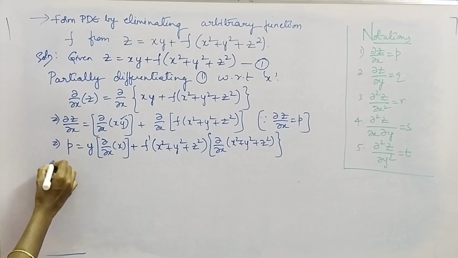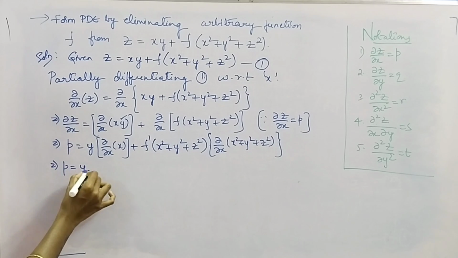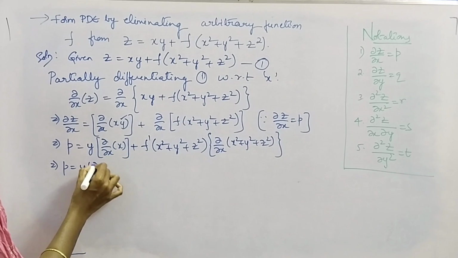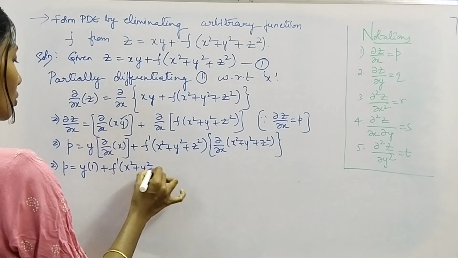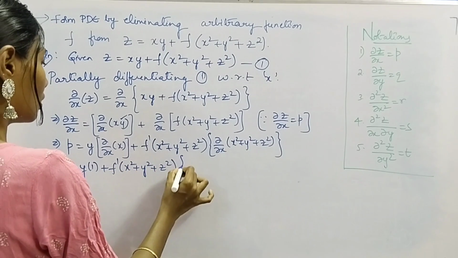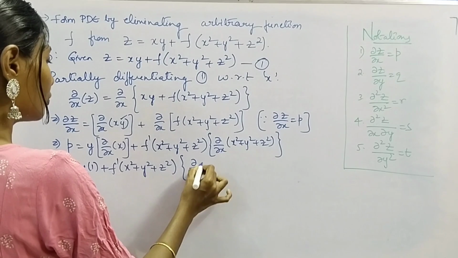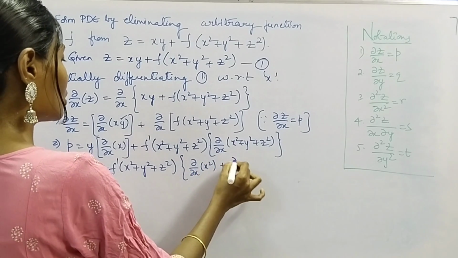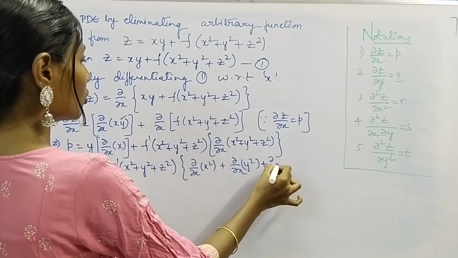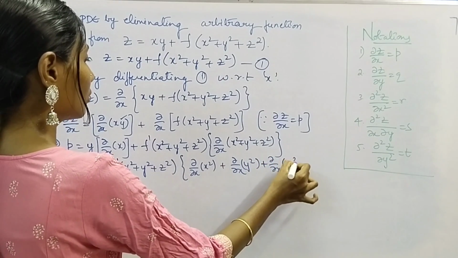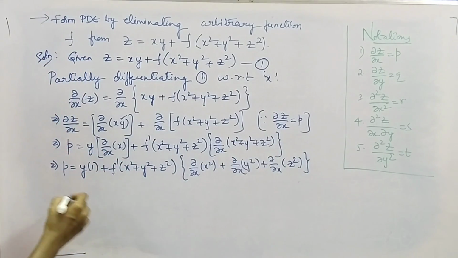This gives us p equal to y into the partial derivative of x with respect to x, which is 1, plus f dash of x square plus y square plus z square into the partial derivative of the first term plus the partial derivative of the second term plus the partial derivative of the third term, everything with respect to x.